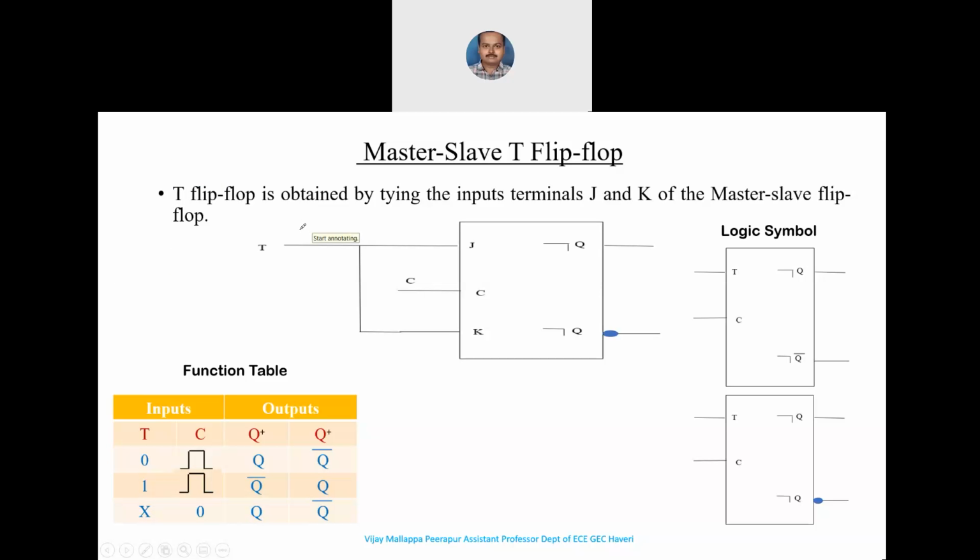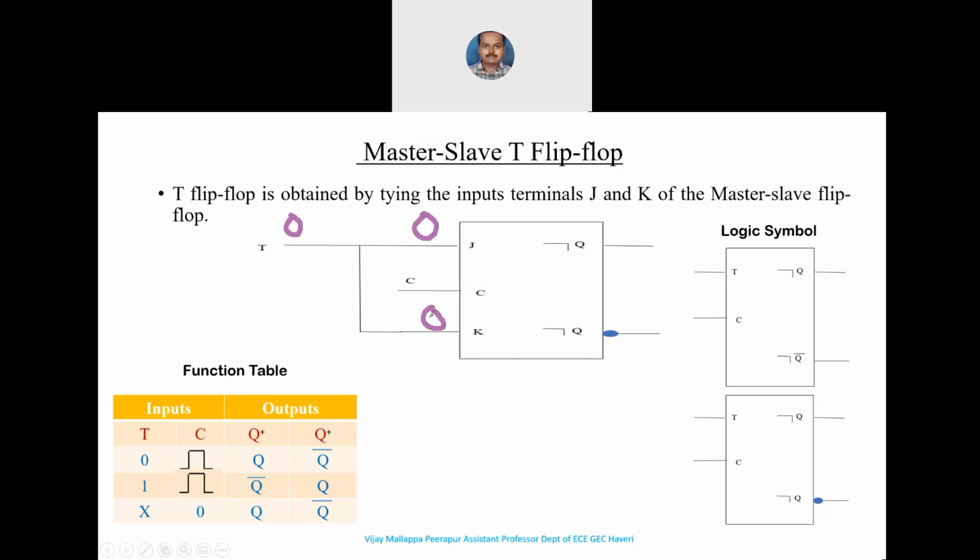Right? If you can see from this one, when T input is 0, as I said here, and T is 0, what will happen? As I said here, the same information is given to the J and K input terminals.